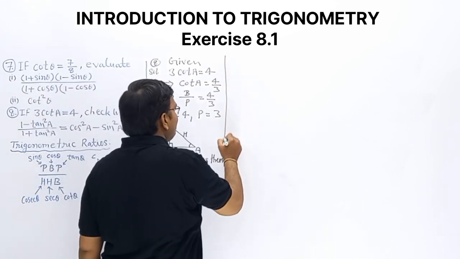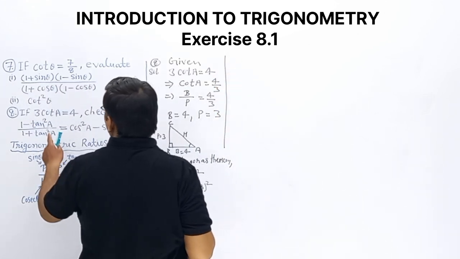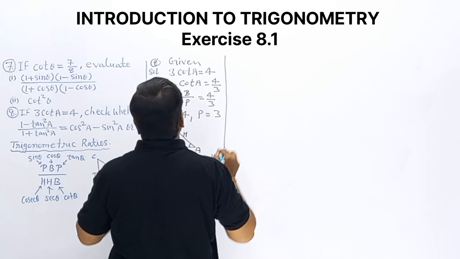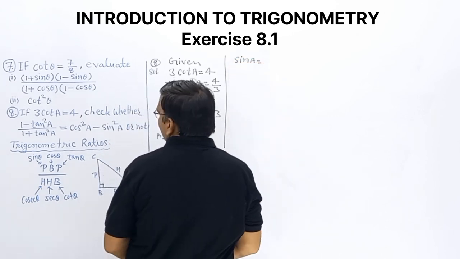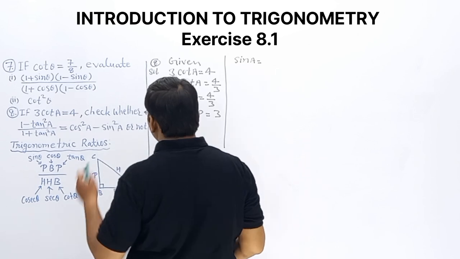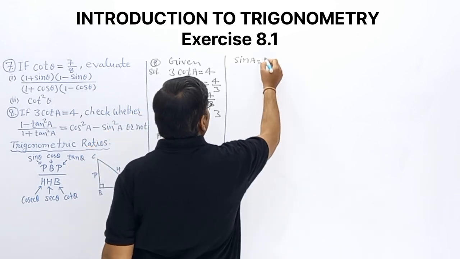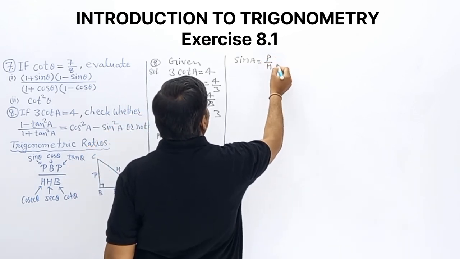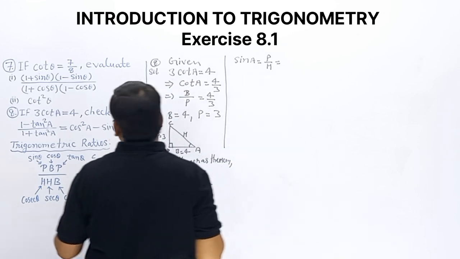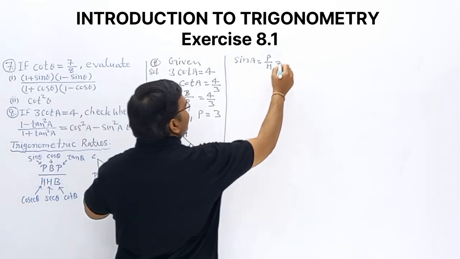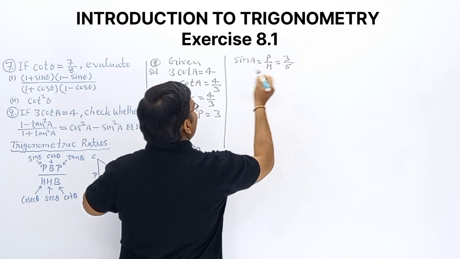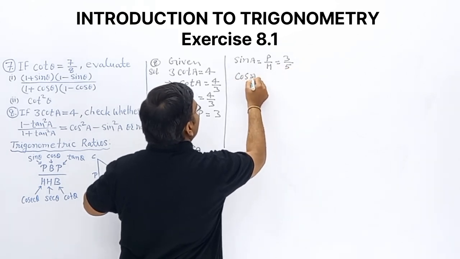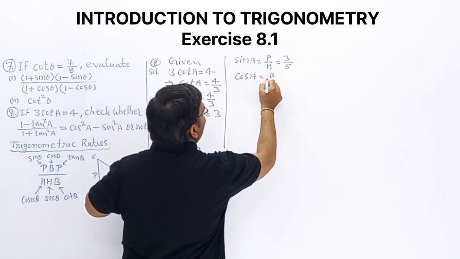Now in the question we require 3 trigonometry ratios. First, sin A. Sin A is perpendicular upon hypotenuse, and its value: perpendicular is 3 and hypotenuse is 5. Next, cos A will be base upon hypotenuse.